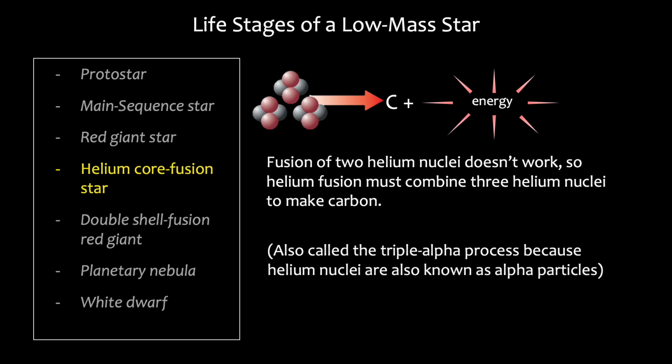Energy is released because a carbon-12 nucleus has a slightly lower mass than 3 helium-4 nuclei, which means that if you take 3 helium nuclei together and compare that with a single carbon nucleus, you will see that the carbon mass is a little bit lower than the previous sum.